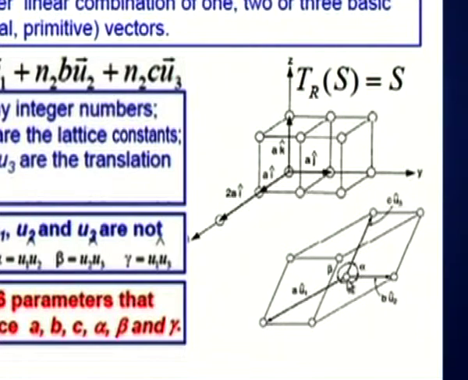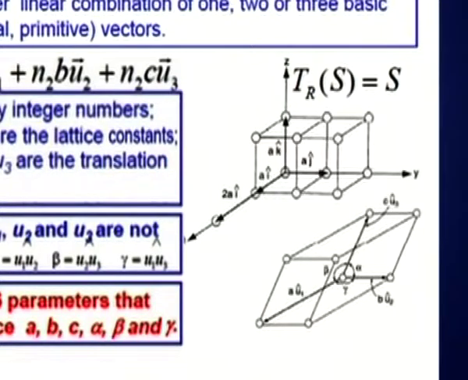You have got the magnitude of the vector is A, the magnitude of the vector along this direction is B and C, then the angles are alpha, beta and gamma, and so for any given unit cell there will be 6 parameters, namely A, B, C, the 3 distance parameters, and the angles alpha, beta and gamma. This is the unit cell. Okay. This can be repeated, right, this can be repeated to get the entire solid.